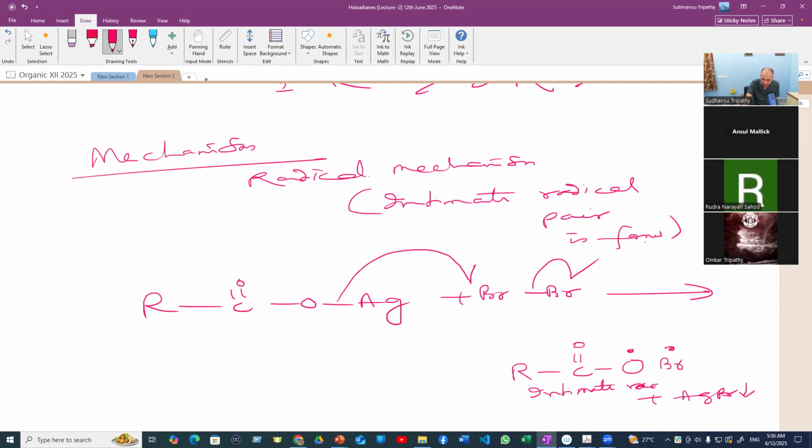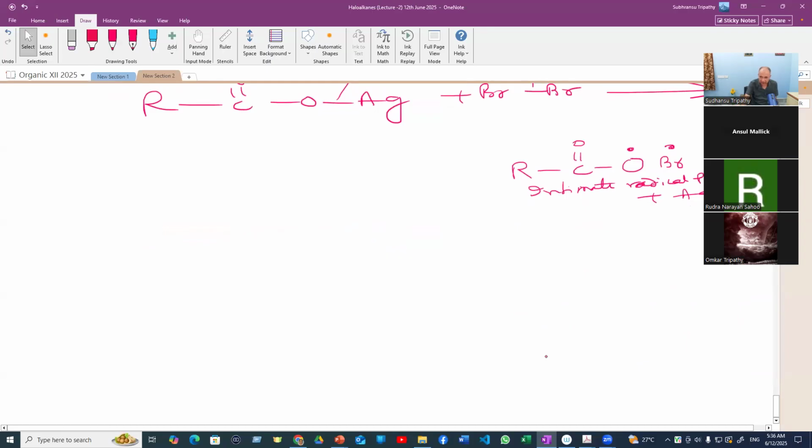There is no carbocation, nothing. That has been found during the study of the mechanism. So this intimate radical pair, in the next step, I'm just writing it down below. See what happens. Automatically this lone electron comes here, carbon dioxide goes out.